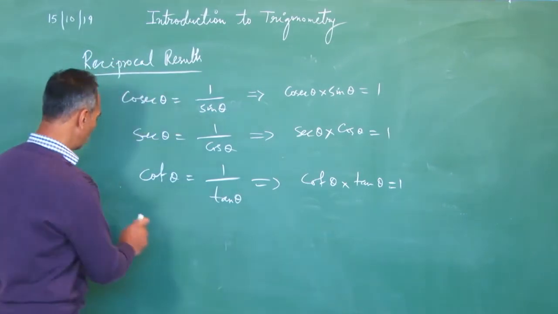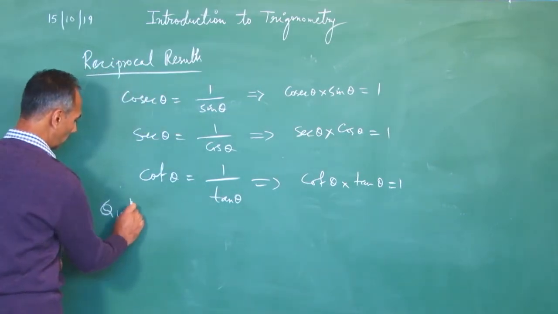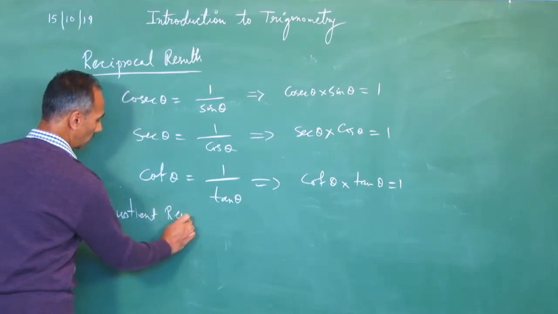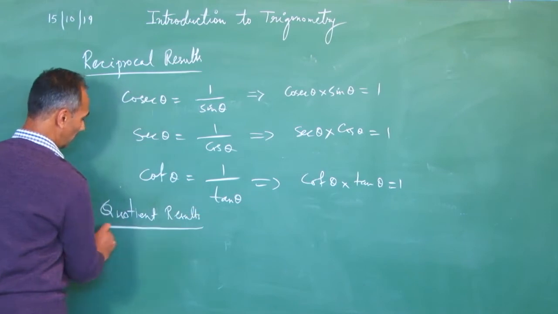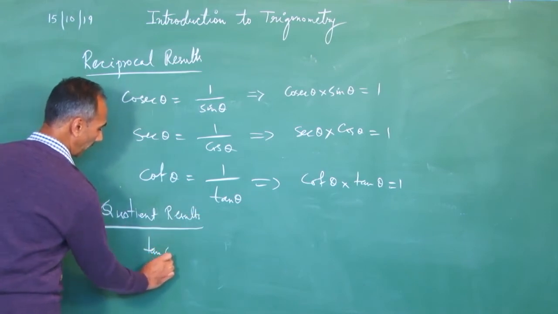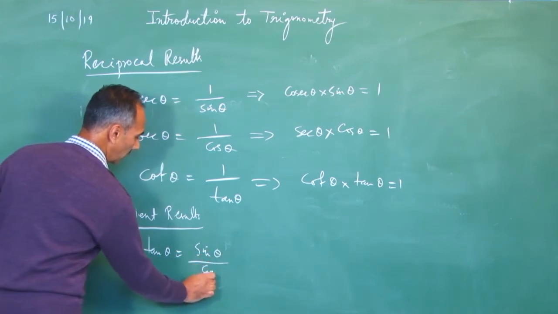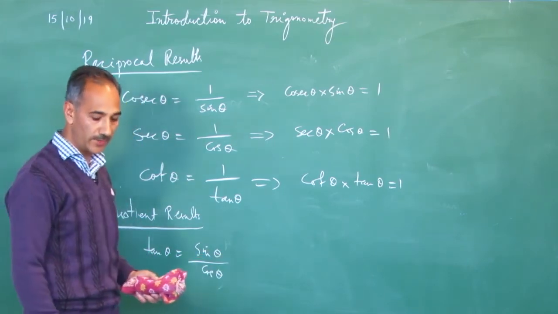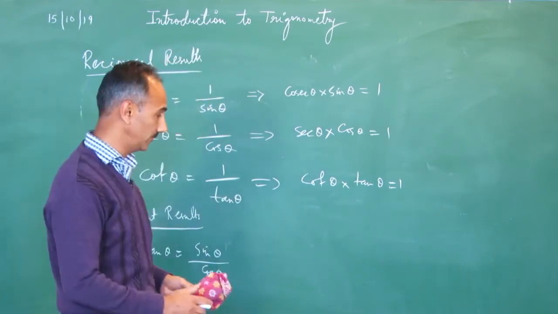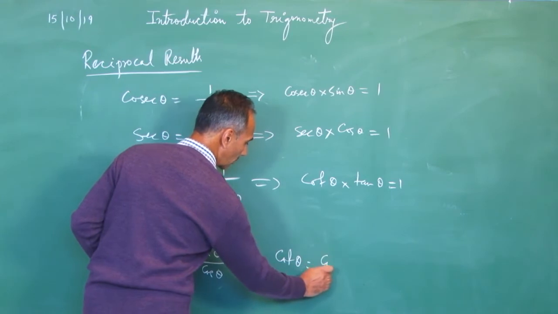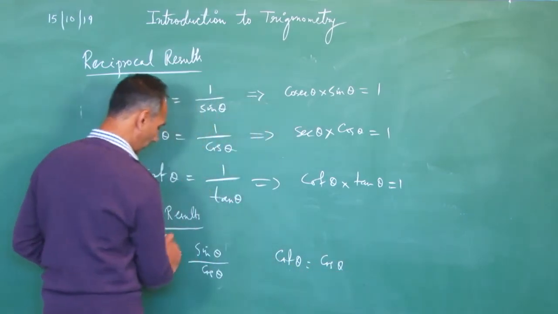Then you have quotient results. Those are very brief, two results. Quotient, Q-U-O-T-I-E-N-T. Quotient results are your tan of theta is sine theta upon cos of theta. Quotient means you divide sine with cos, you will get tan. And cot of theta is cos of theta upon sine theta, because cot is the reciprocal of tan.